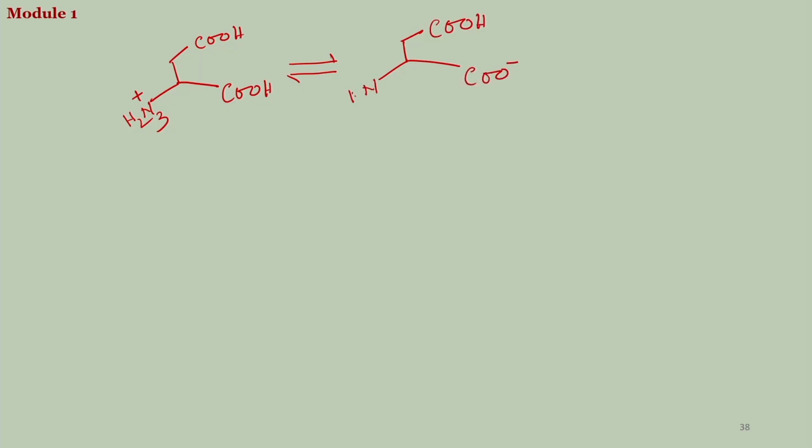Minus, NH3 plus. Next is this carboxylate would be deprotonated. This acid would be deprotonated, minus NH3 plus, and there would be another equilibrium where everything would be deprotonated.